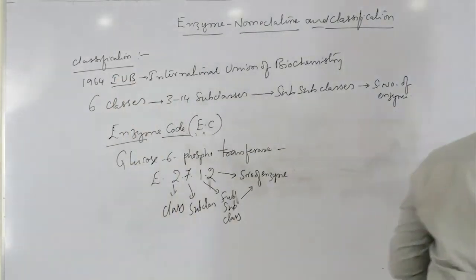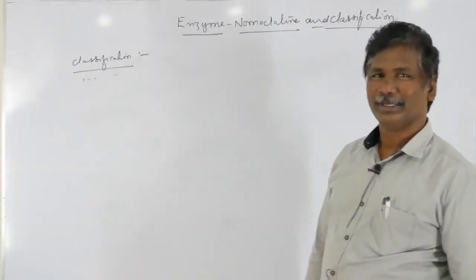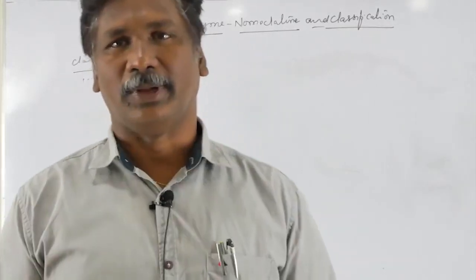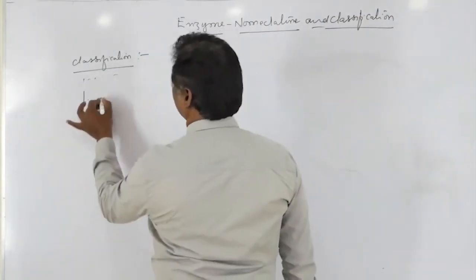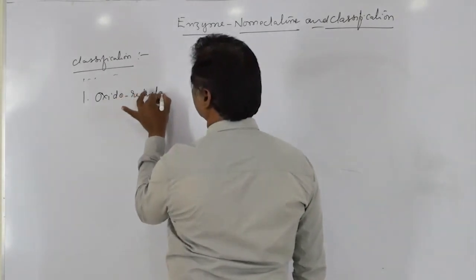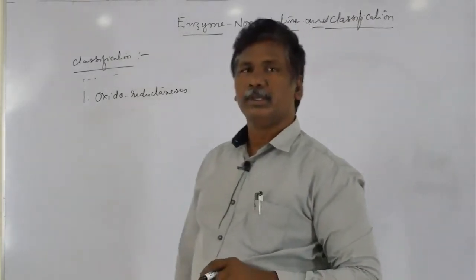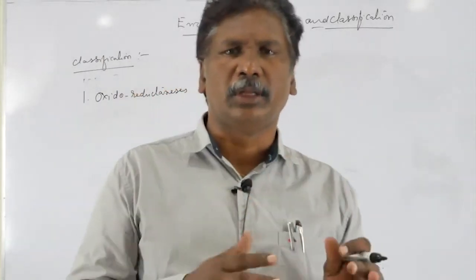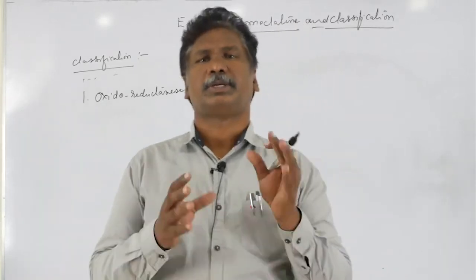You can go through the 6 classes one by one. Enzymes are classified into 6 classes according to the IUB nomenclature and classification. The first class is oxidoreductases, which should be there in the name. These are the enzymes involved in oxidation and reduction reactions.